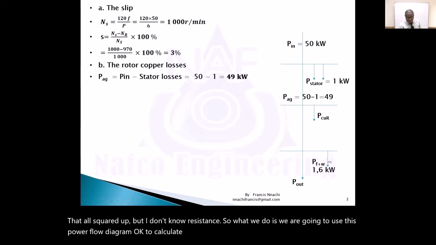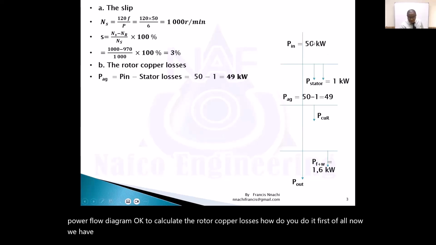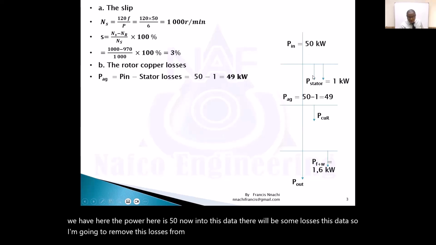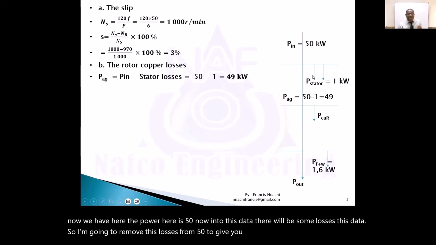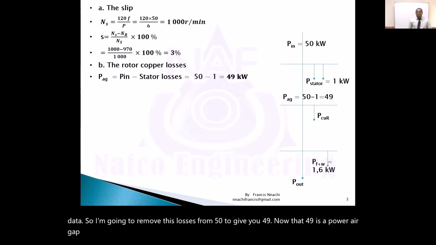First, the power here is 50. Into the stator, there will be some losses, so I remove these losses from 50 to give you 49. That 49 is the air gap power, the power that crosses over from the stator to the rotor.